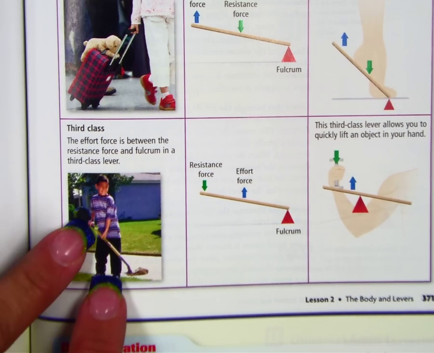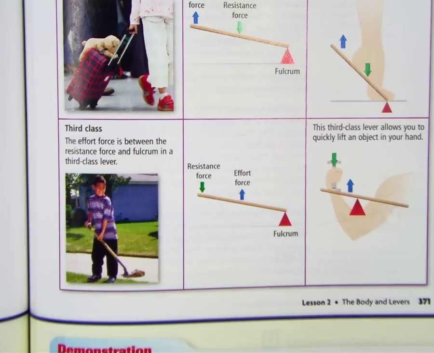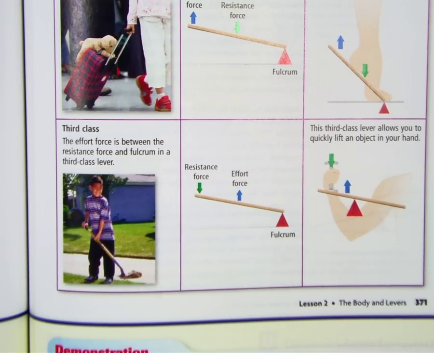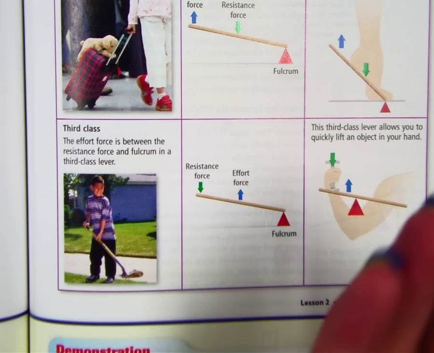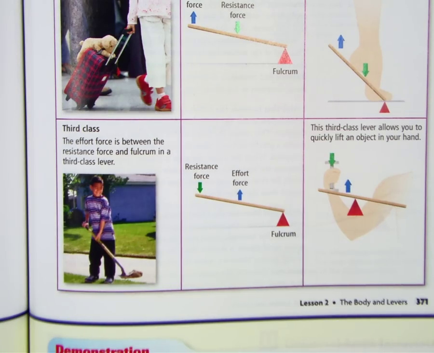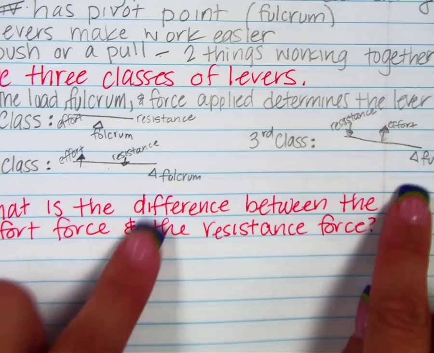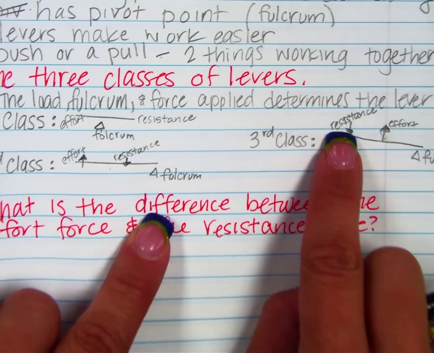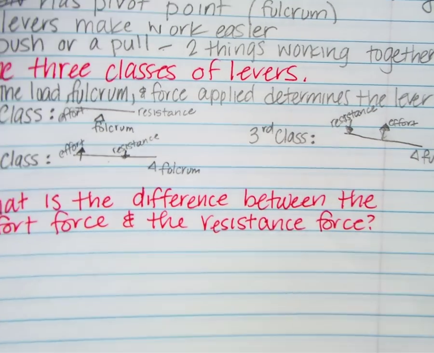Okay, and the resistance force is the fact that it's heavy, and you can see his hand is down at the end, and that's kind of pushing down on the end of that handle to be able to lift up the dirt on the complete opposite end. And so your resistance force is pushing down against this effort force of trying to lift up that whole handle. Okay, so the position of your fulcrum is key, as well as the position of where your effort force and your resistance force are.